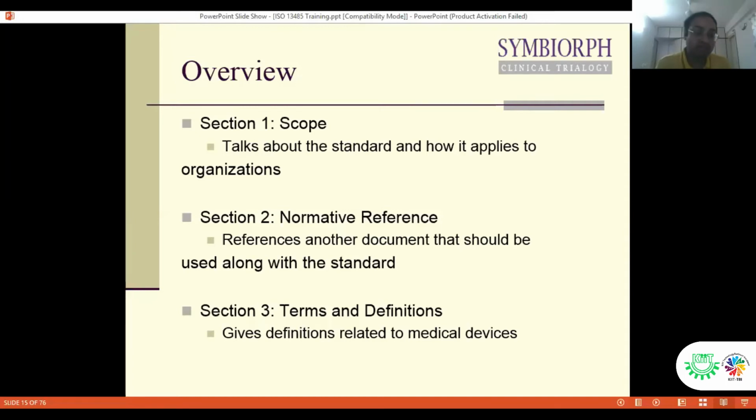Suppose your product is also going to be installed, or you are providing service to the end user, then the scope can get revised to design, development, manufacturing, distribution, installation, and sale of the particular device.